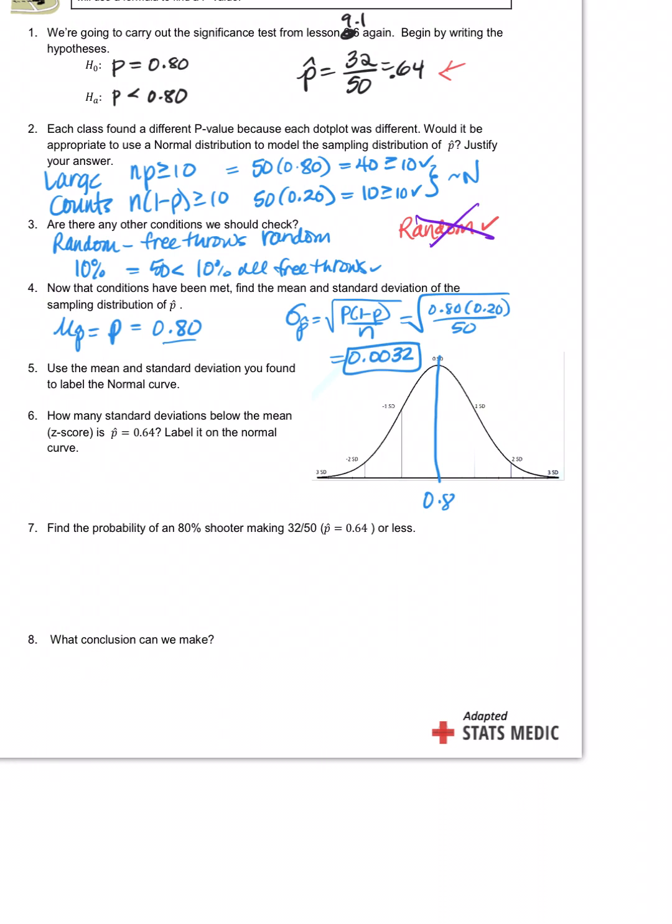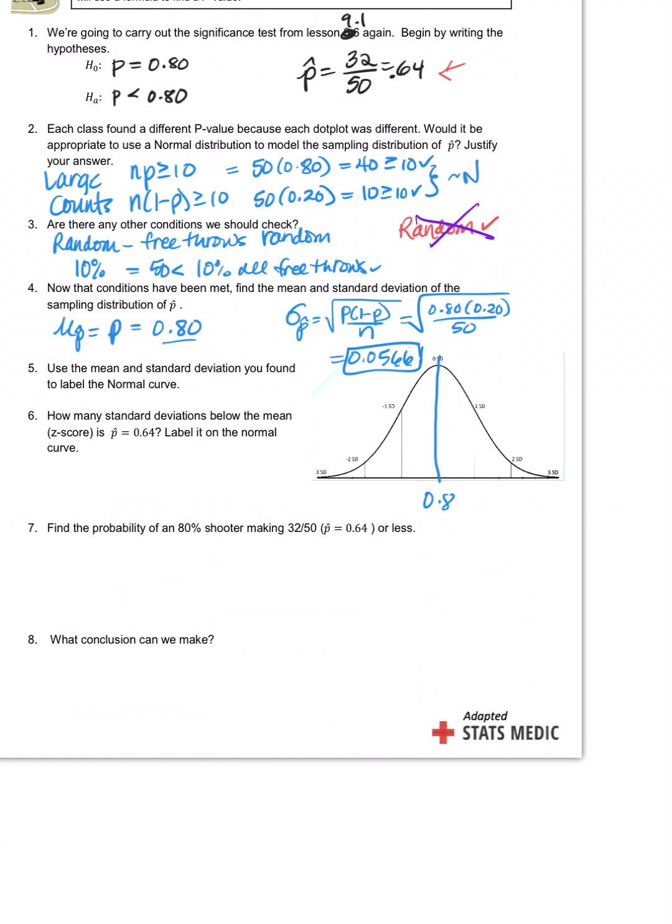Wait, did you not take the square root? Oh, you're right. I wrote down the wrong answer. I can't believe this. You can't believe I made a mistake? Are you kidding? Ryan, you've known me way too long. 0.056. Yes, I looked at the wrong one on my calculator. My apologies. 0.0566. Thank you. Yeah, make sure you take the square root.